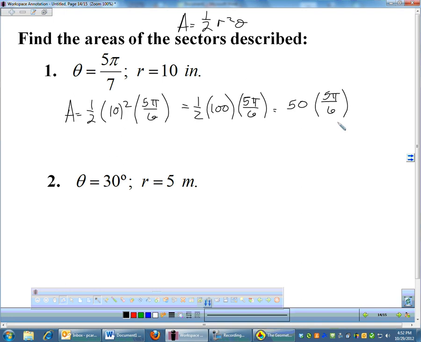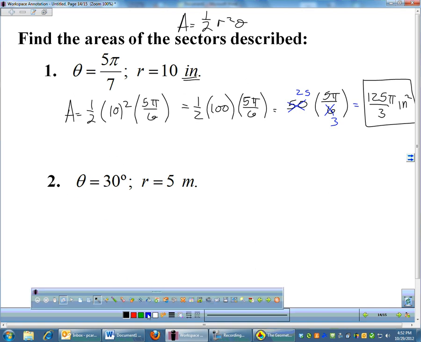And then finally, 2 goes into each of those. 2 goes into 6 3 times. 2 goes into 50 25 times. And 25 times 5 is 125 pi over 3. And if I'm measuring area and my linear unit is inches, area is going to be in inches squared. So include units if I give you units.